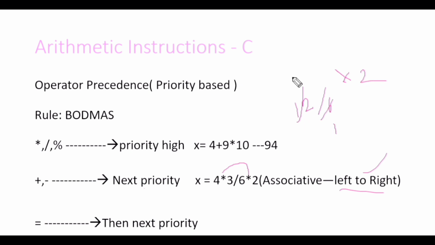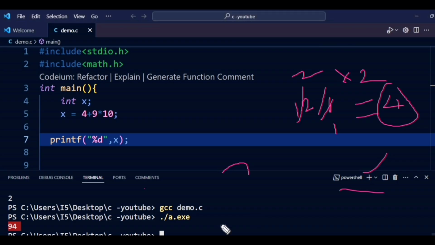Now we will see this practically to get some more clarity. X equal to 4, then come to the code.